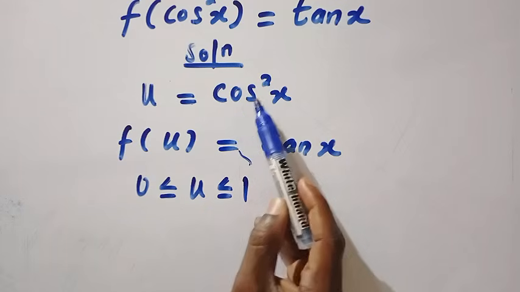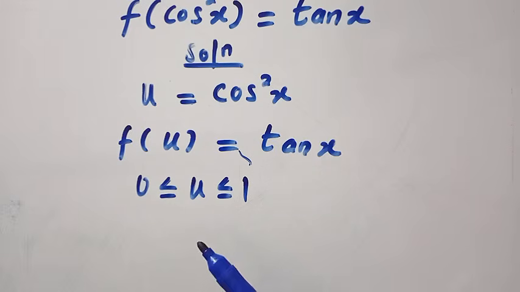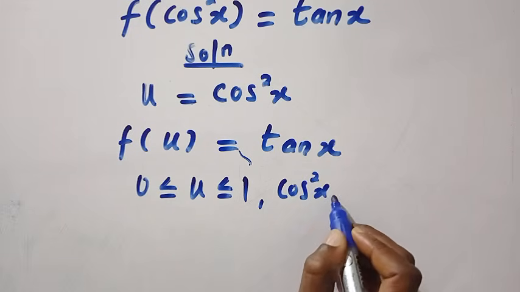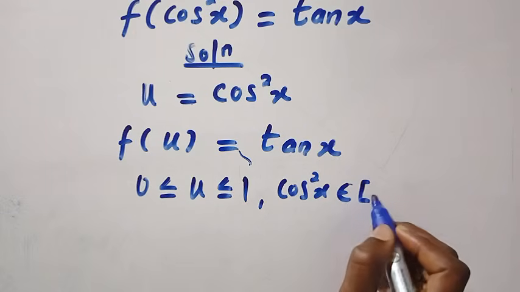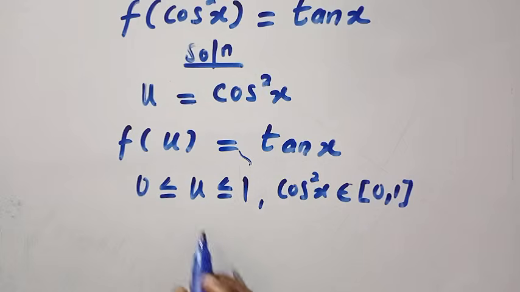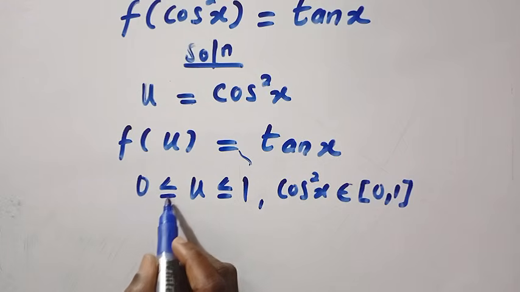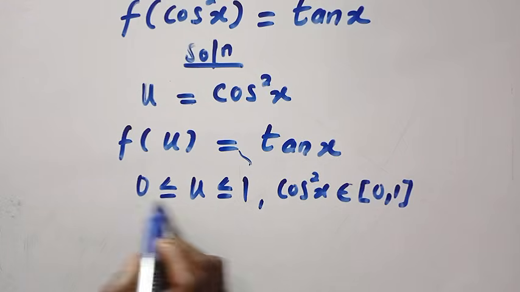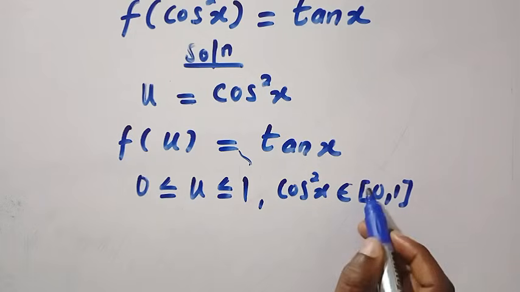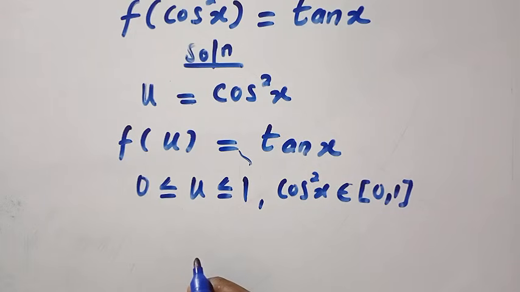Since cos squared x is also in the closed interval [0, 1], that is the only place where we can have 0 less than or equal to u. These are still the same in inequality form, and we have it in bracket form.